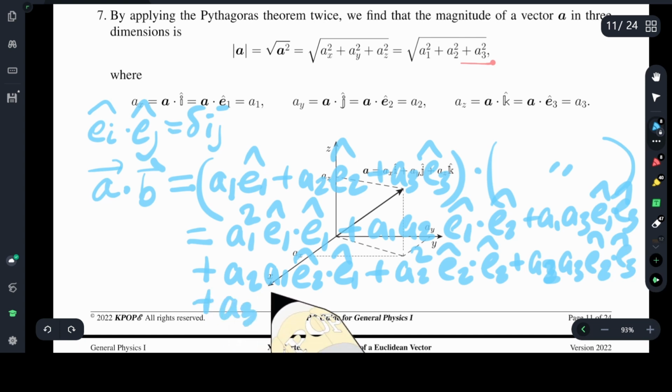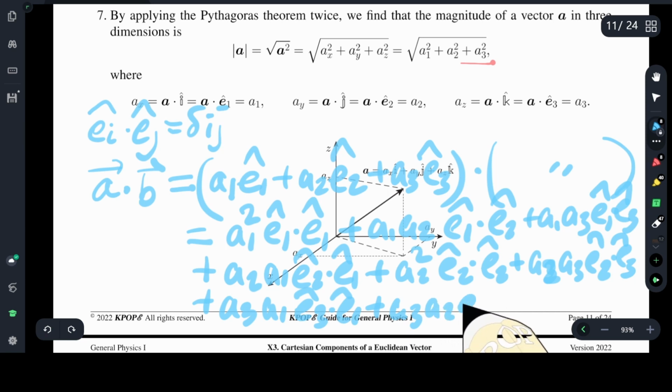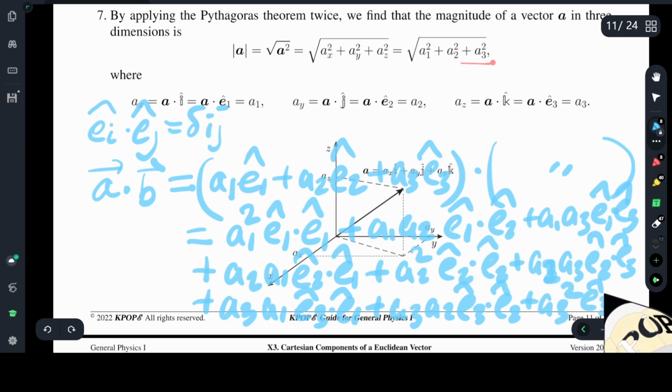Last line: A3 A1 e3 dot e1, A3 A2 e3 dot e2, A3 squared e3 dot e3.